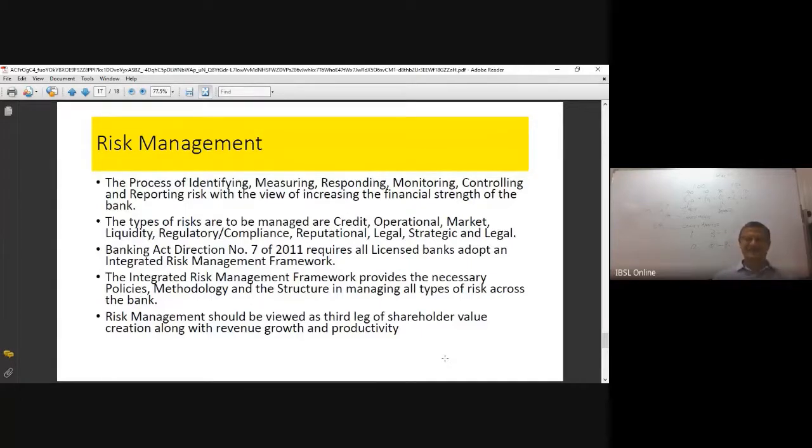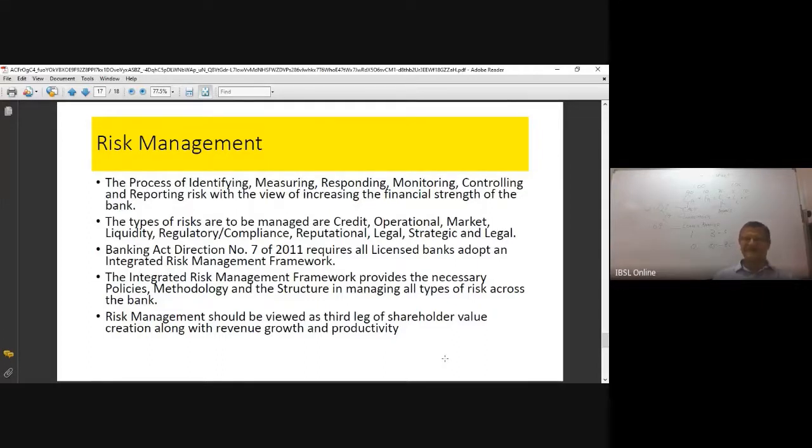It says Banking Act Direction number 7 of 2000 requires licensed banks to adopt an integrated risk management framework. When you download this, keep this document, because our next week's lecture will be on the integrated risk management framework.